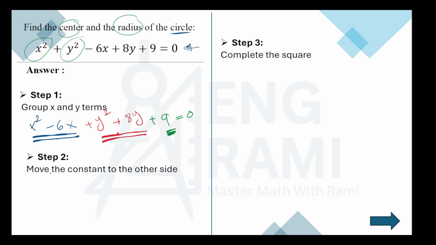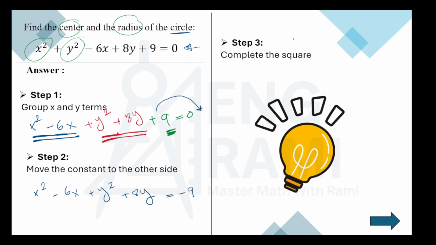Step 2, move the constant to the other side. Then x squared minus 6x plus y squared plus 8y equals -9. We just transferred this to the other side, so we change the sign of 9 to the opposite, which is -9.